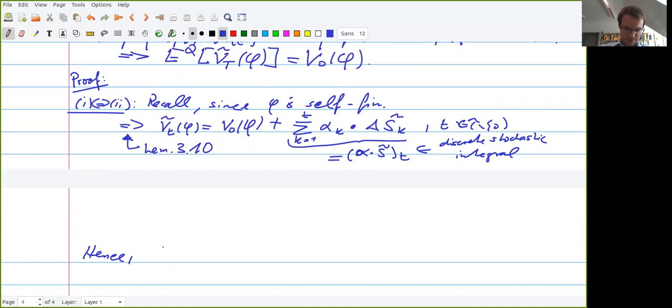And now we see that we have already proven the first equivalence in our section about discrete stochastic integrals.